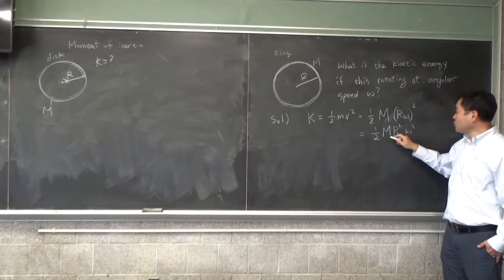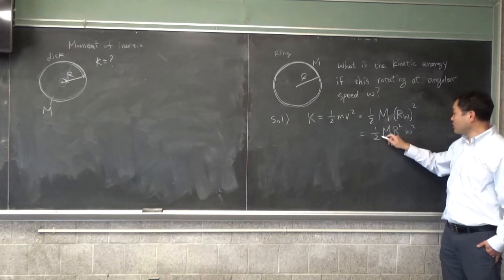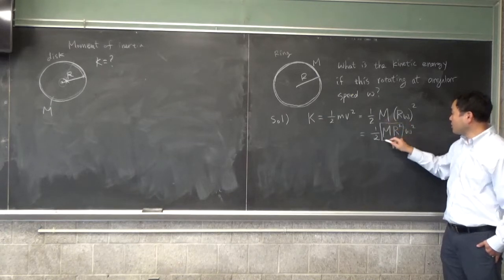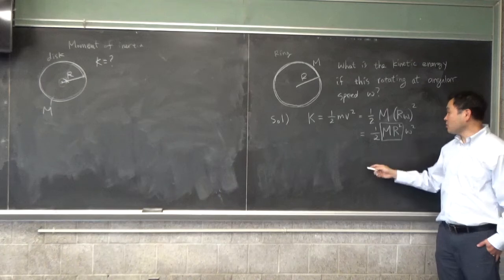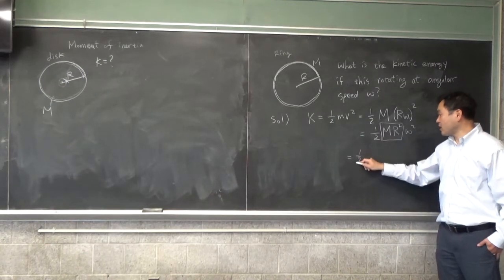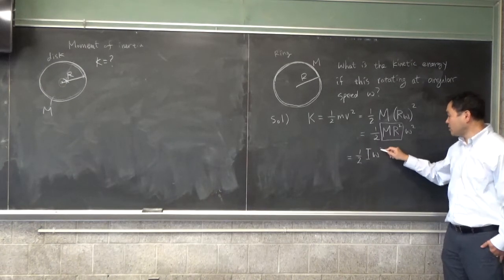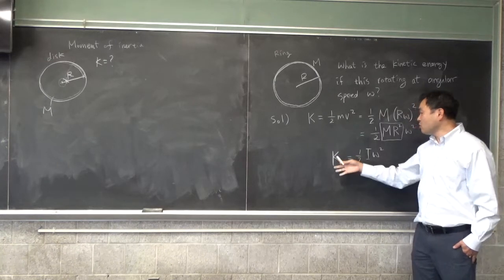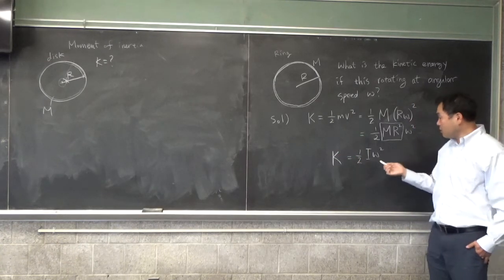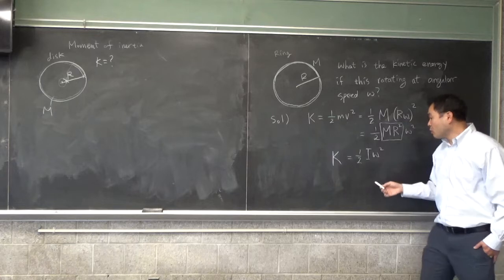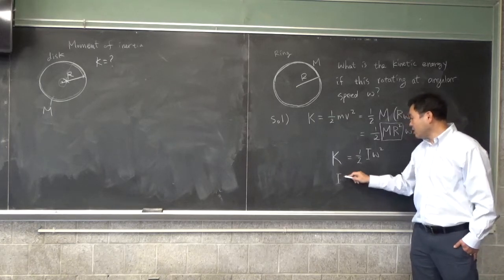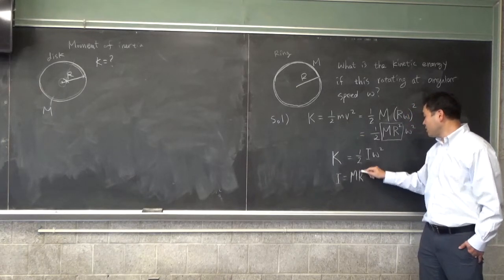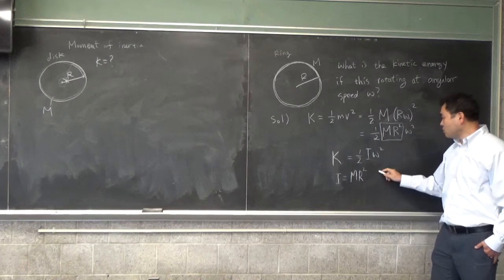And then instead of using the mass by itself, we think about mr squared as what's called the moment of inertia, and we write 1/2 I omega squared. So the new formula for kinetic energy will be 1/2 I omega squared, where I is equal to mr squared, and this is called the moment of inertia.